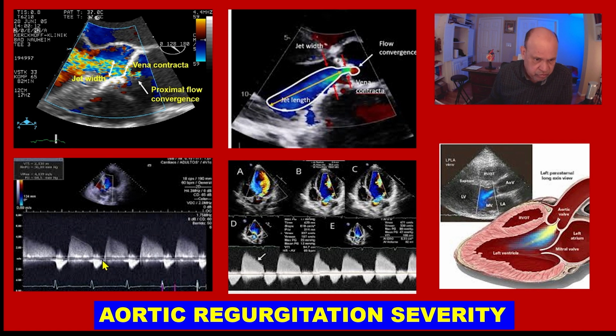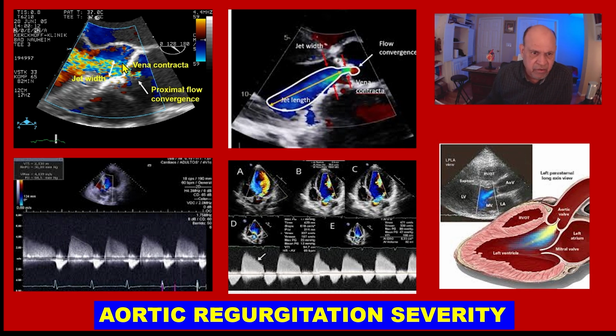As we can see, here's a pulse Doppler showing the aortic regurgitation waveform, and associated with that, they may also have some degree of aortic stenosis, and we need to determine if it's just pure aortic regurgitation or if it's a combination of aortic regurgitation with aortic stenosis, which is a more common feature in patients with significant aortic stenosis. So let's look at some of the parameters that we can measure.